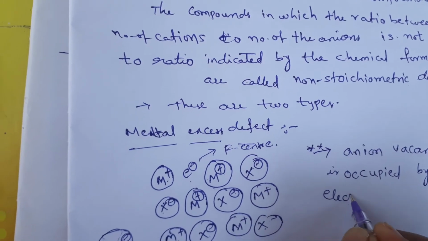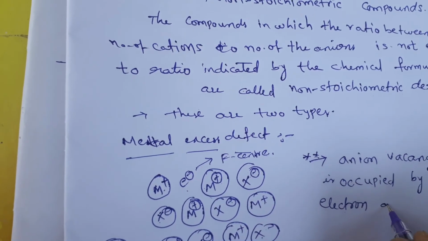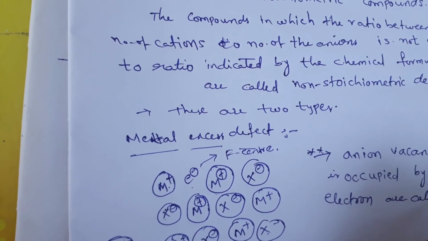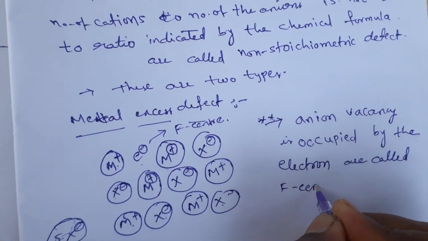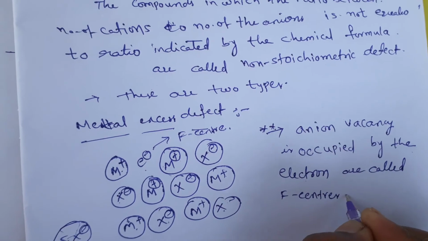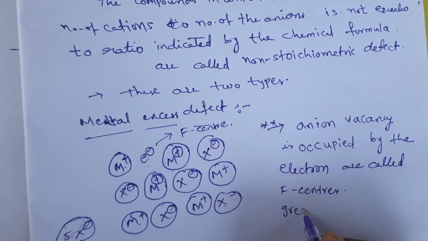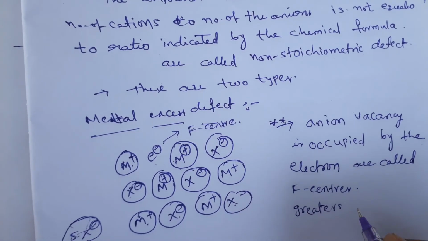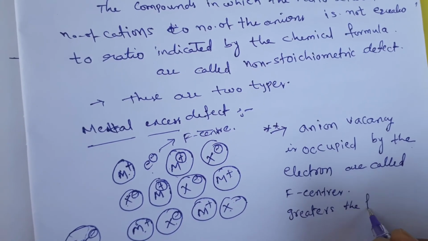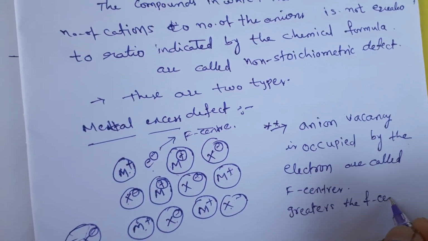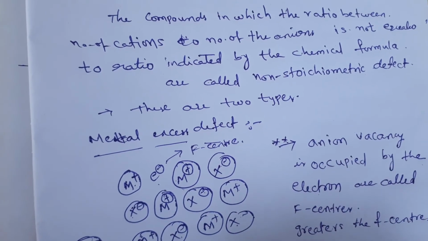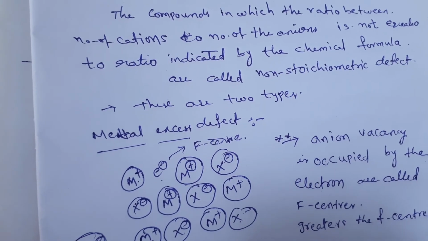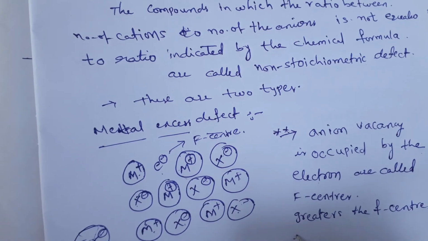The electrons are called F centers. Greater the F centers, greater is the intensity of the color.